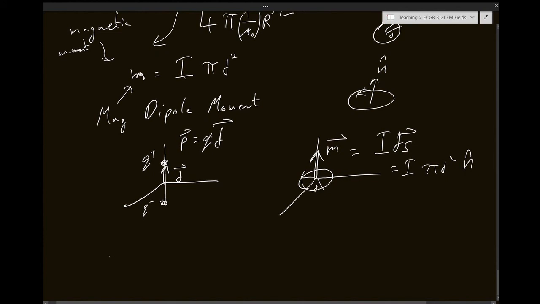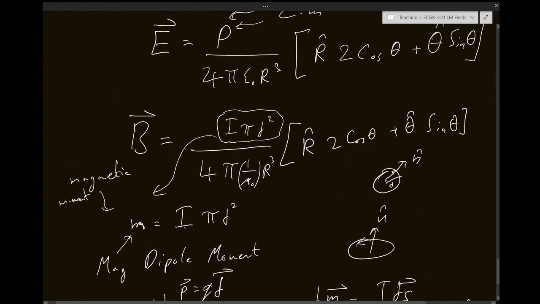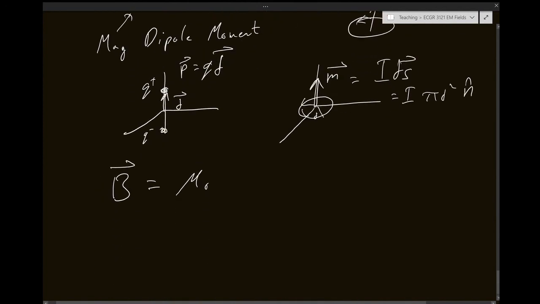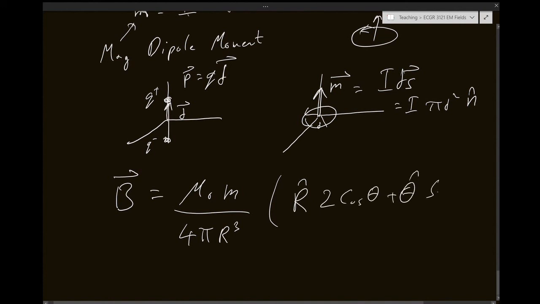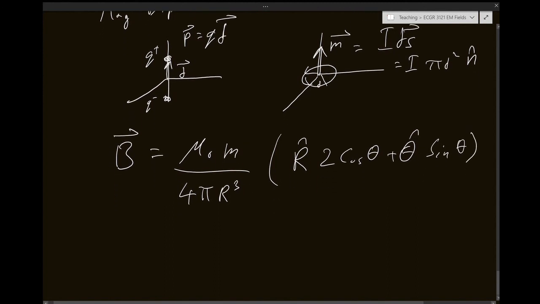right? So we can rewrite B as mu naught. What was B here? So this is I pi d squared. We said we can write it as m. I can put mu naught back up. So I end up with mu naught m over 4 pi r cubed, r hat 2 cosine theta plus theta hat sine theta, right?